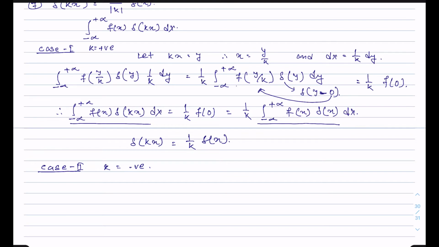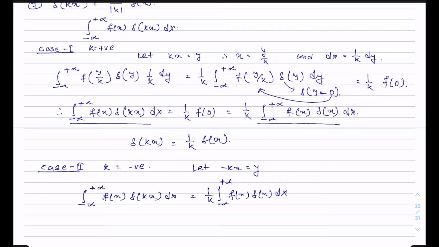If you consider k as a negative quantity and let minus kx equal y, then you can show that again this integration from minus infinity to plus infinity f of x delta of kx dx will be equal to 1 over k integration from minus infinity to plus infinity f of x delta x dx.